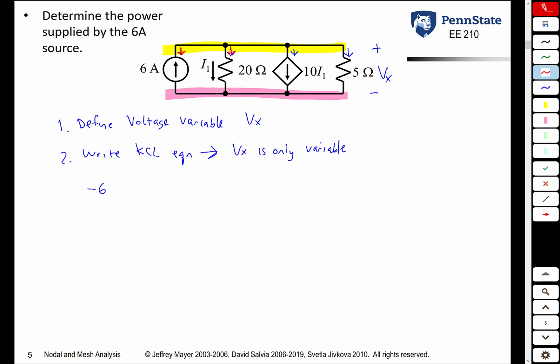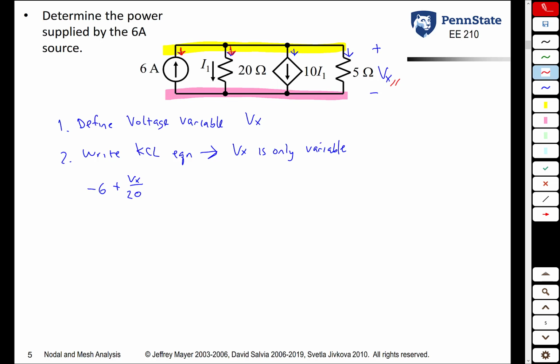The only variables we want are Vx. So we want to write that current in terms of Vx. We know that when you have a resistor, the current through the resistor is the voltage across the resistor divided by the resistance. So the current going down is going from the plus to the minus terminal through the resistor, and so we can use Ohm's law, and it's plus Vx over 20.